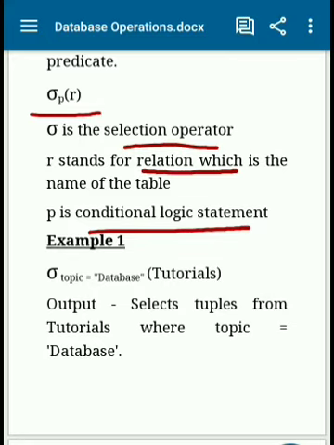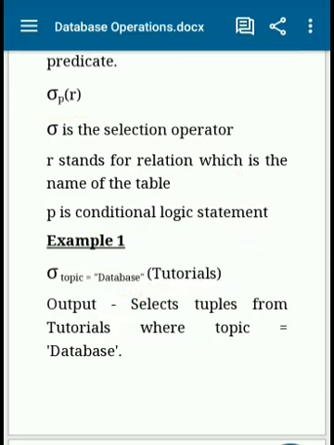Here is an example. Our relation name is tutorials, which is a table, and from this tutorials table we want the records whose topic is database. So topic equals database is the condition, written as a suffix with the selection operator, and we write the table's name here.